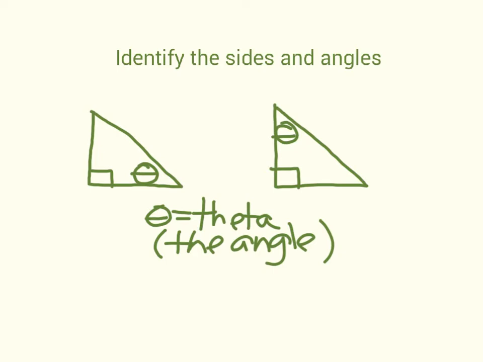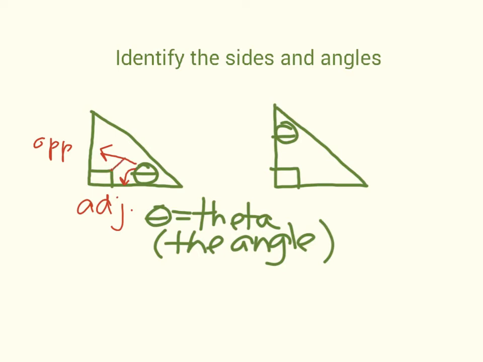Okay, now if I look directly across my theta, or the angle, that is the opposite side. If I look at the side next to theta, that is the adjacent side.